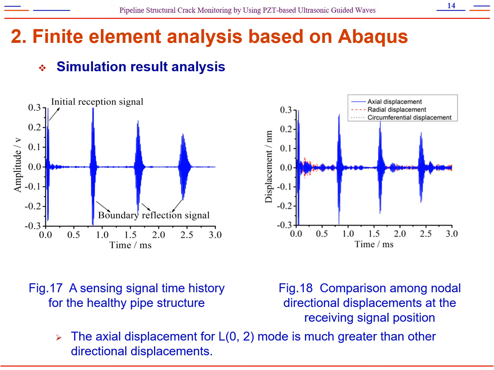In order to verify whether the excitation signal is approximate to the expected guided wave with an L02 mode in the pipe direction simulation, 3 kinds of typical displacements along axial, radial, and circumferential directions at the given nodes are analyzed, respectively.